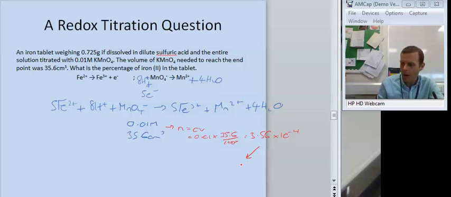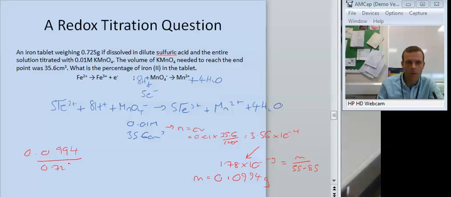So that's going to give me 5 times the number of moles of iron, which is 1.78 times 10 to the minus 3. Number of moles of iron is equal to mass divided by mass of 1 mole, which means the mass of iron in my reaction is 0.0994 grams, and then I need that as a percentage, so 0.0994 divided by 0.725 times 100 gives me 13.7%.